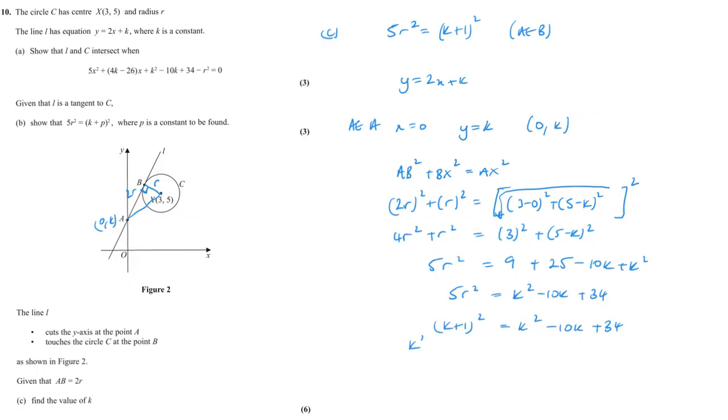So that equals k squared plus 2k plus 1. K squared will cancel. It gives me 12k on this side equals 33. So k equals 33 over 12, which is 11 over 4.